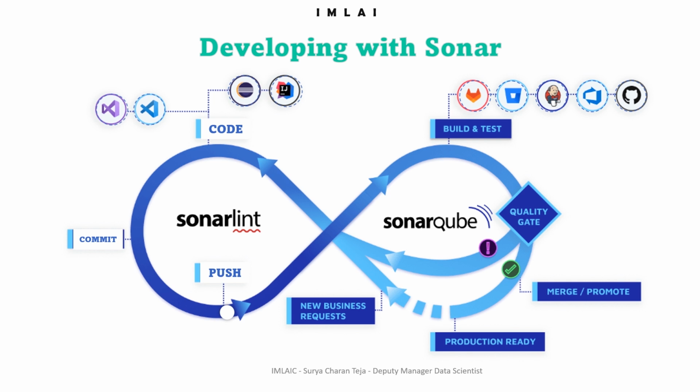The quality gates keep code with issues from being released to production. That's the main thing. We use this quality gate concept in the CI/CD pipelines of DevOps or MLOps. So quality gates keep code with issues from being released to production, a key tool in helping you incorporate the clean as you code methodology.